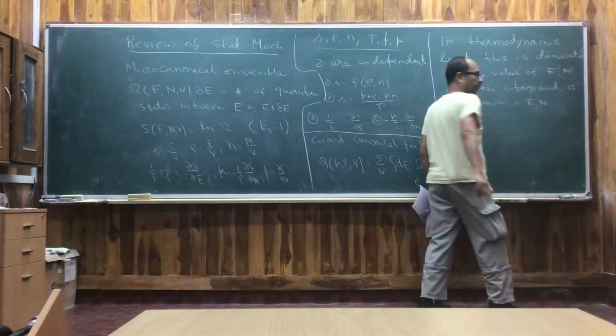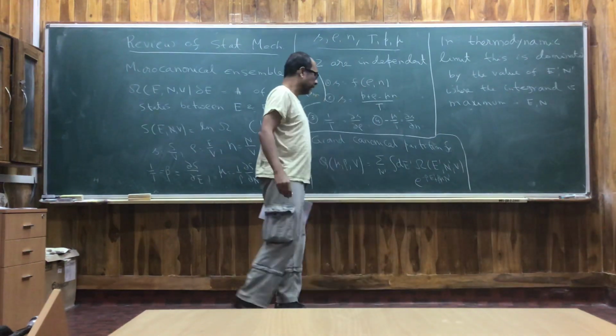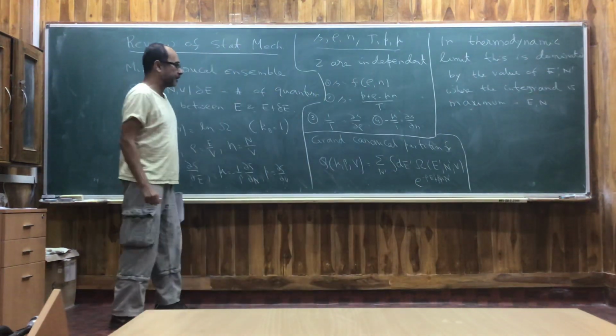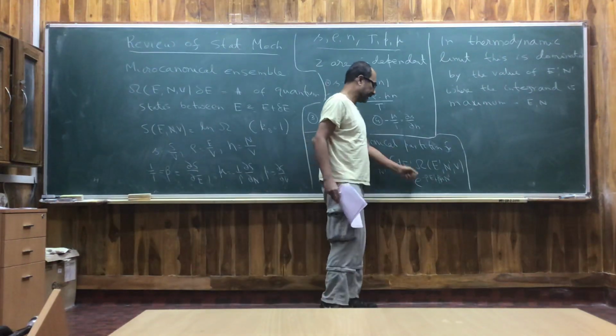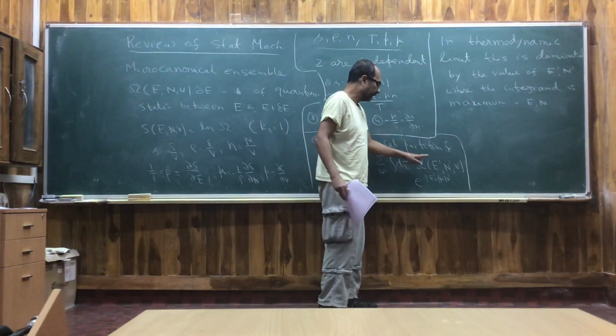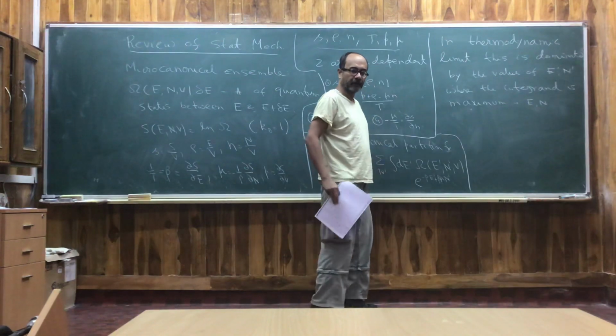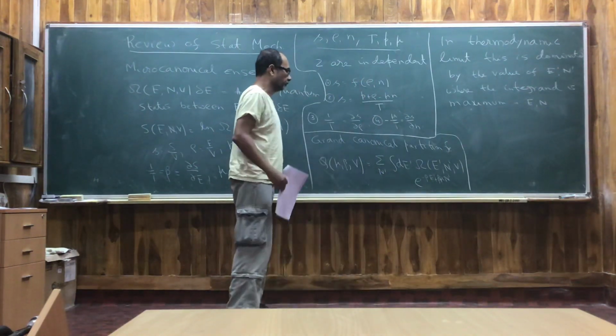E prime was the integration variable, N prime was the summation variable. But we say that this is dominant at some particular value of E prime and particular value of N prime. So what are you maximizing?